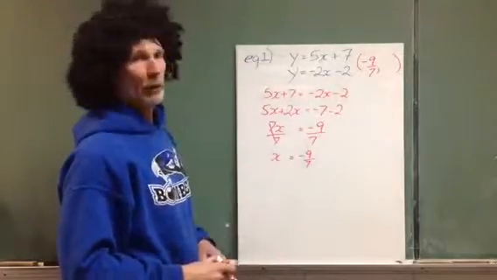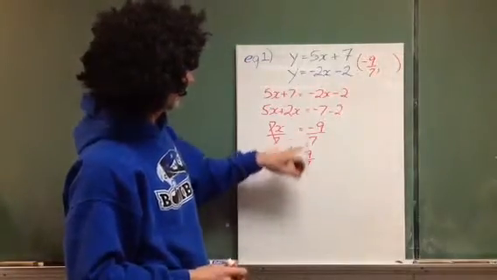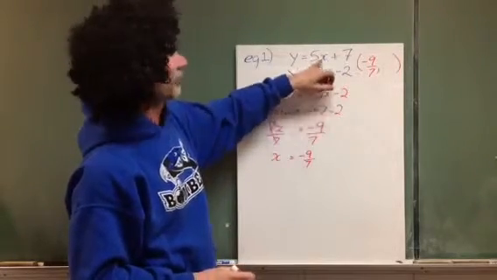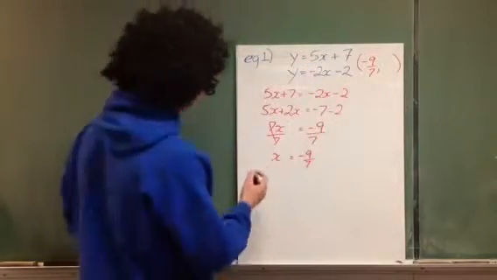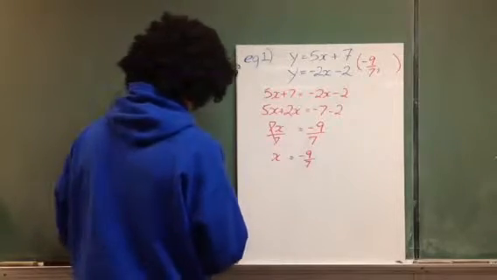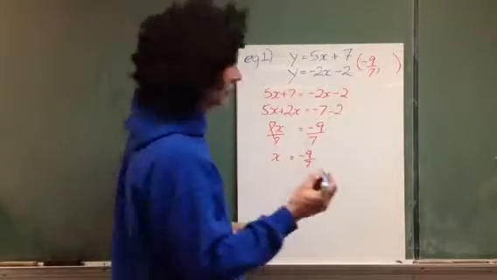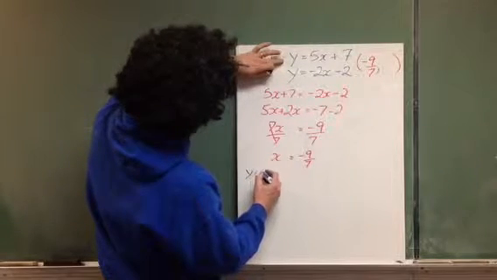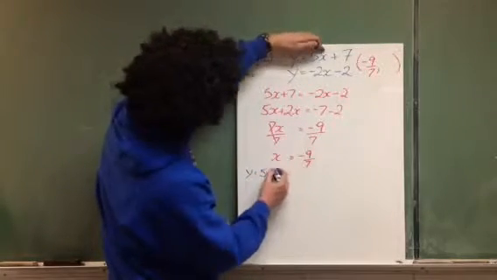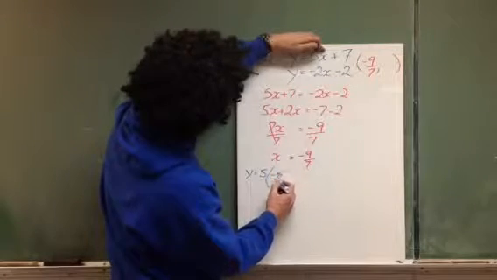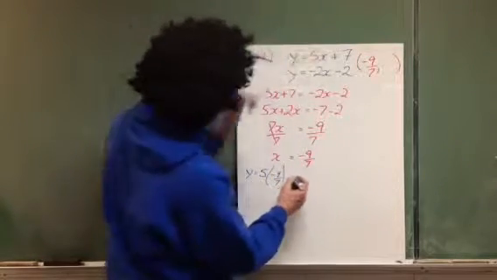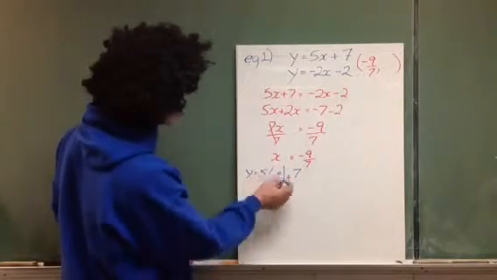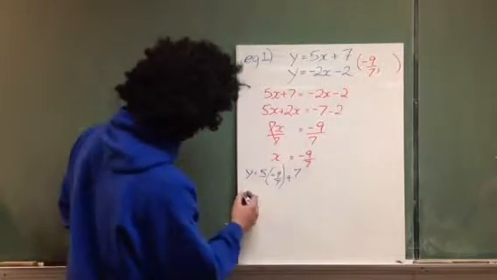Okay, now I have to find out my y value, so I substitute this value for x into either of these. I'm going to put it into the first one. Choose a different color so it's not confusing. So I have y equals 5 times x, negative 9 sevenths, plus 7. Now if I simplify this, there's nothing to reduce, so I just have to do this multiplication.